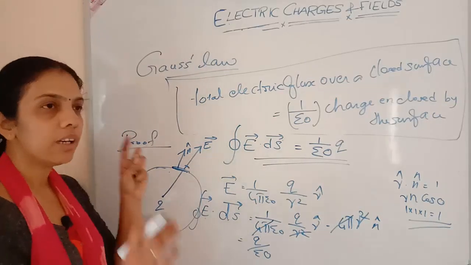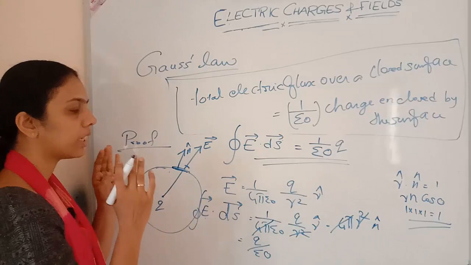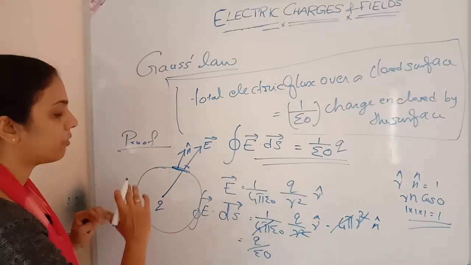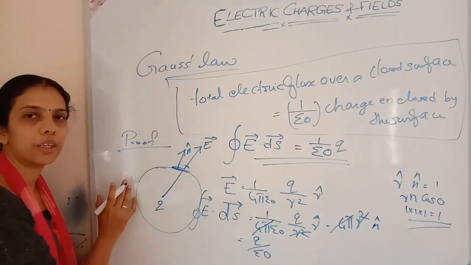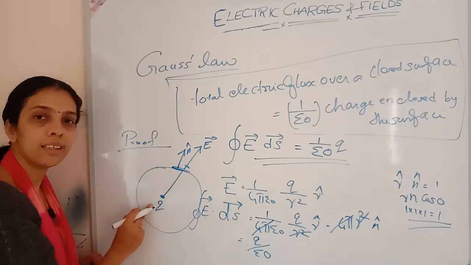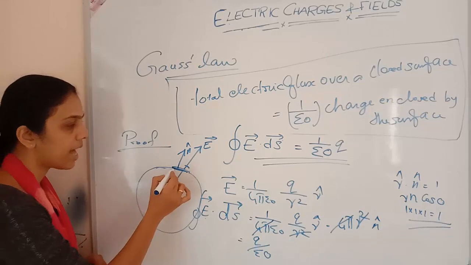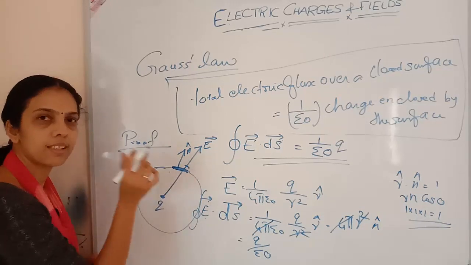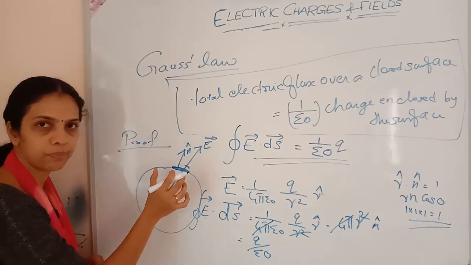Clear? So here how we are giving a proof for this Gauss theorem. First we are considering a sphere having radius r. A charge q is placed inside at the center, and ds is the surface area element.